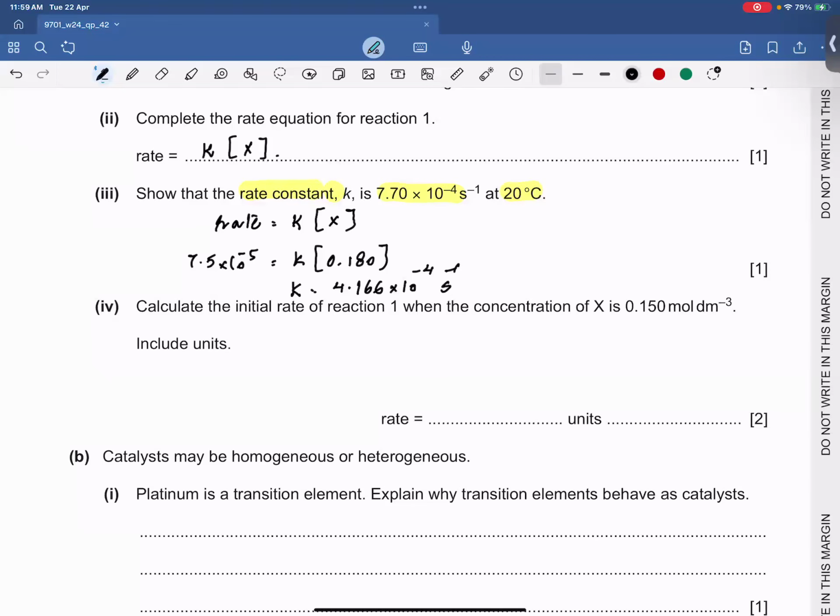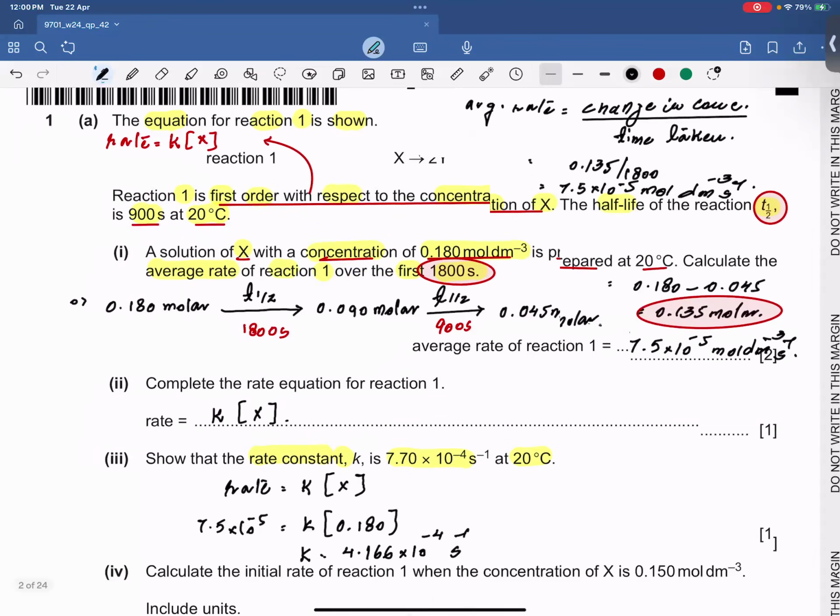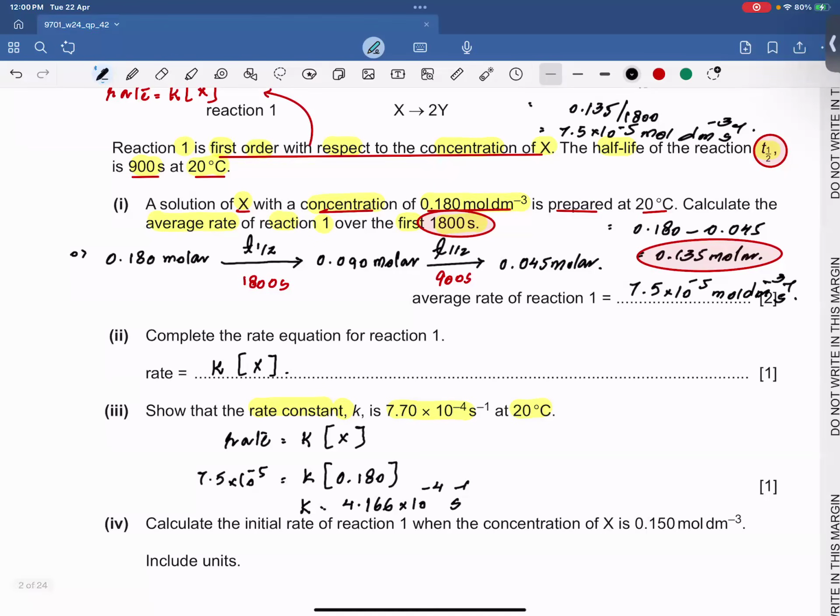So let me check the calculation again. Oh, my bad, my bad.